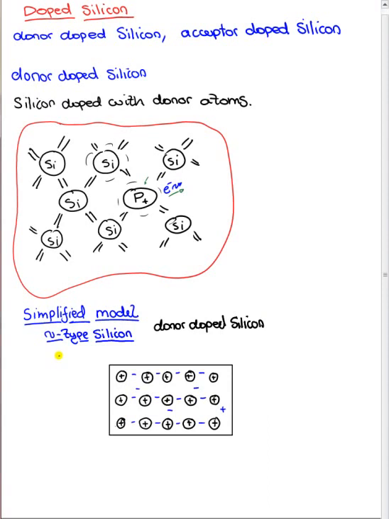And then, some things that are good to know. When we see ND anywhere, it means the donor or electron carrier density. That is the number of electrons per volume, or per cubic centimeter, right?